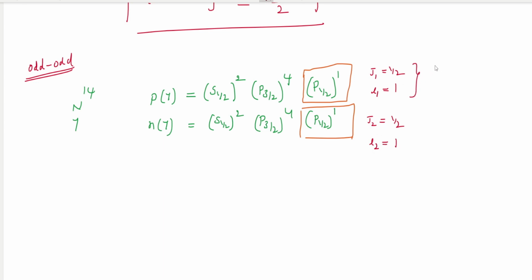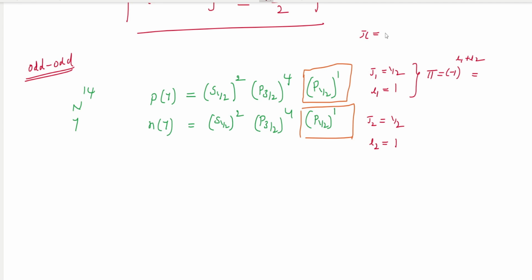By using these two, I'm going to find the parity of this. Parity equal to minus 1 whole power 1 plus... So I'll tell you, this is L1 plus L2 equal to how much. In case you get an odd number, you try to write this type of parity equation.